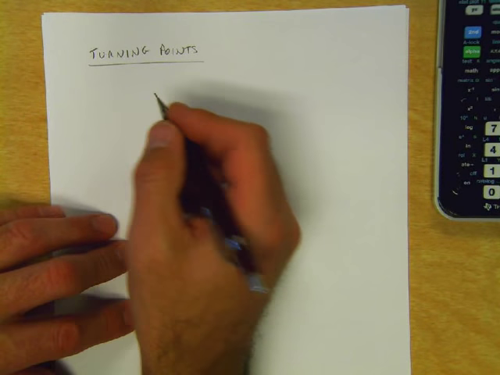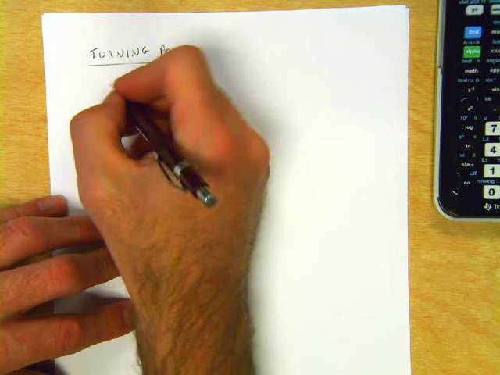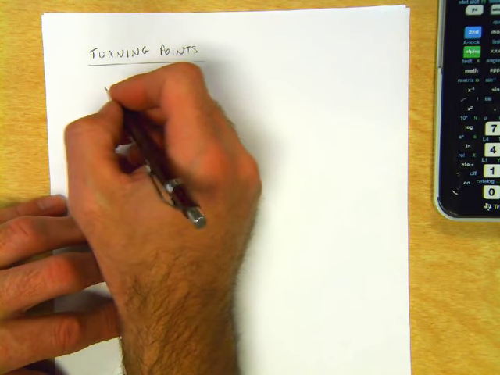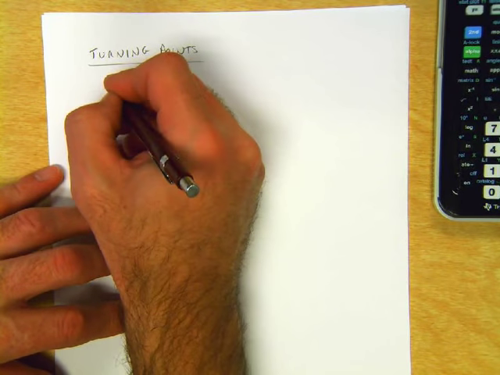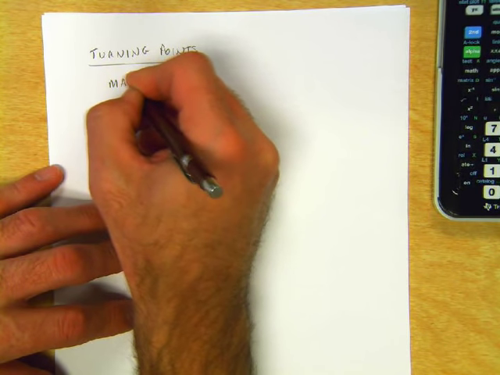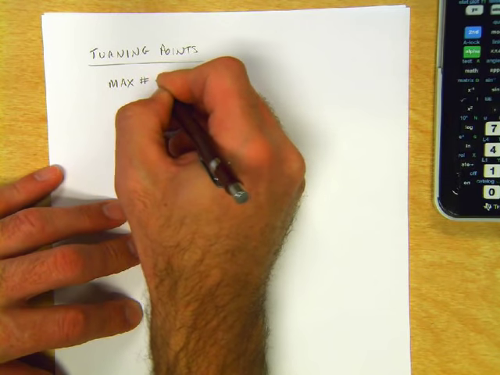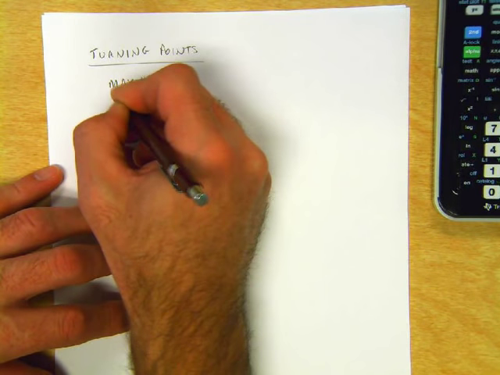Well, it turns out it works like this. Initially, we won't know exactly how many it's going to have, but we can determine the max number of turning points.